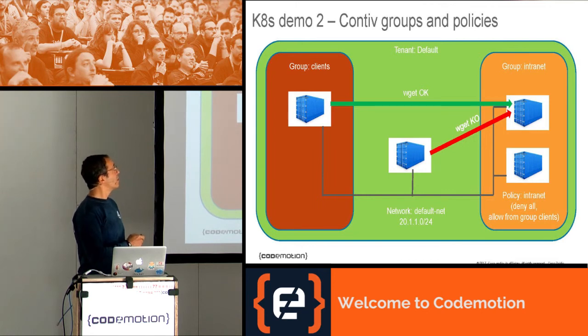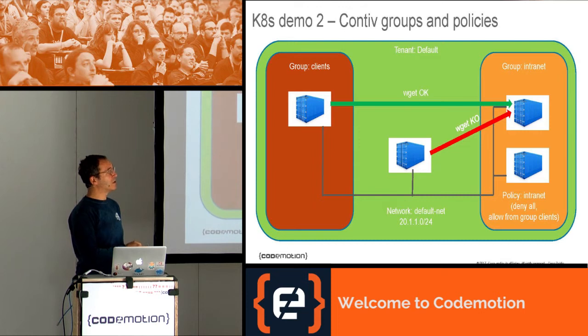So group clients will have some policies attached. Group intranet will have other policies that you can see abstracted here. So deny all, so nobody can connect to these containers, but allow from group clients.